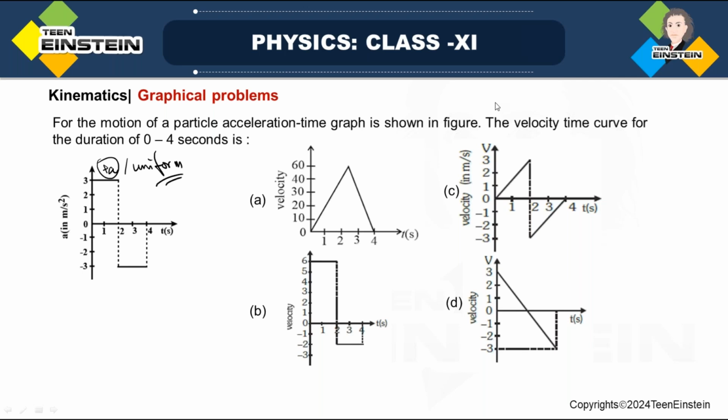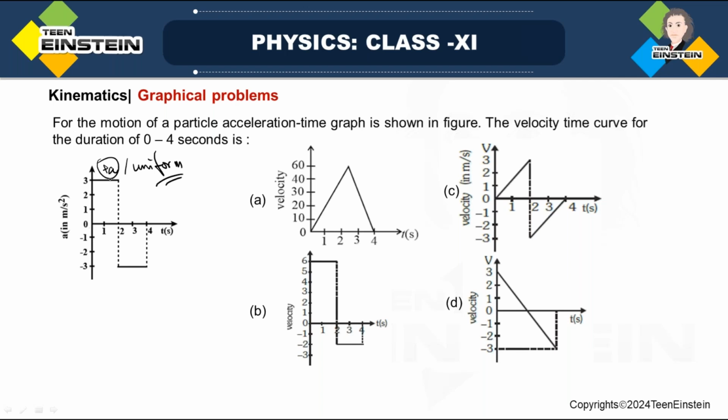So guys, here you have to find out the velocity time graph from this acceleration time graph. If the acceleration varies with time like this, then how will the velocity time graph vary? First of all, from 0 to 2 seconds there will be constant positive acceleration, so velocity should increase uniformly.